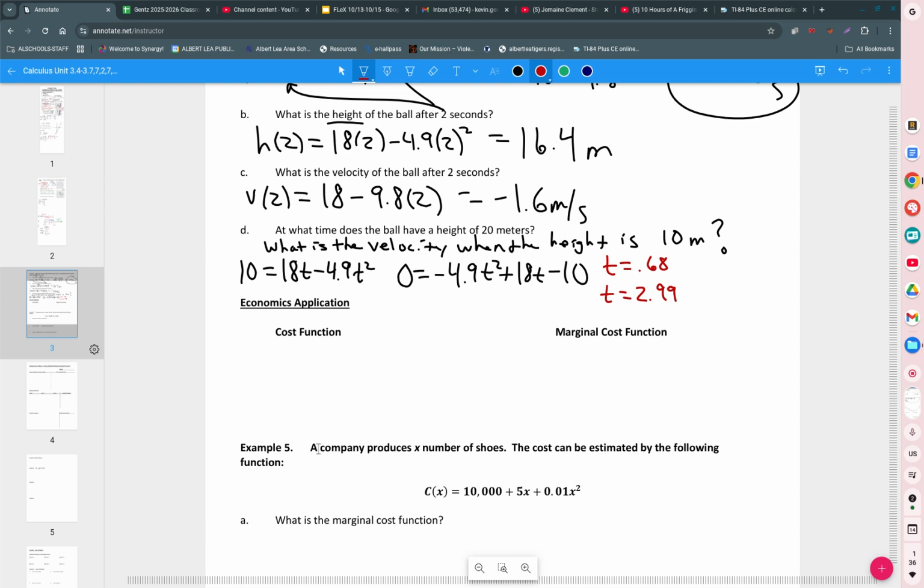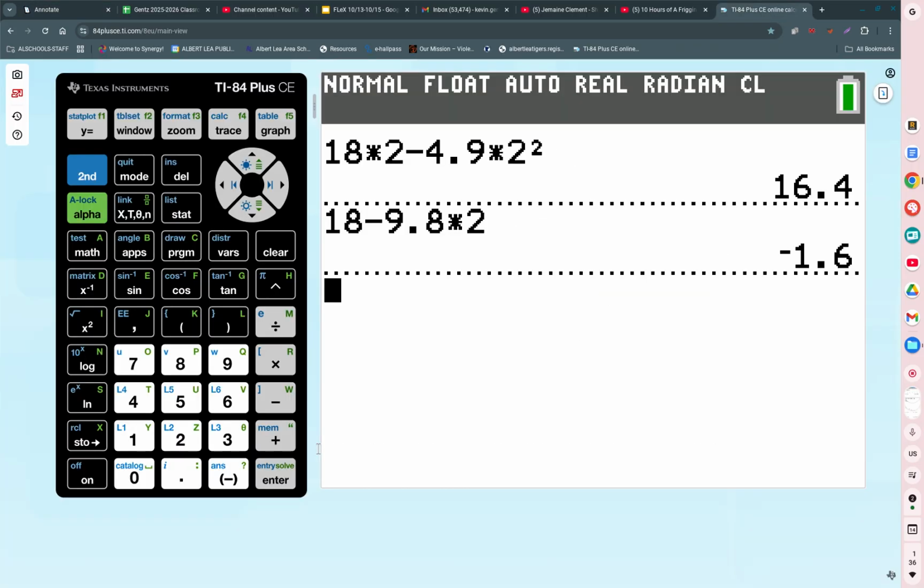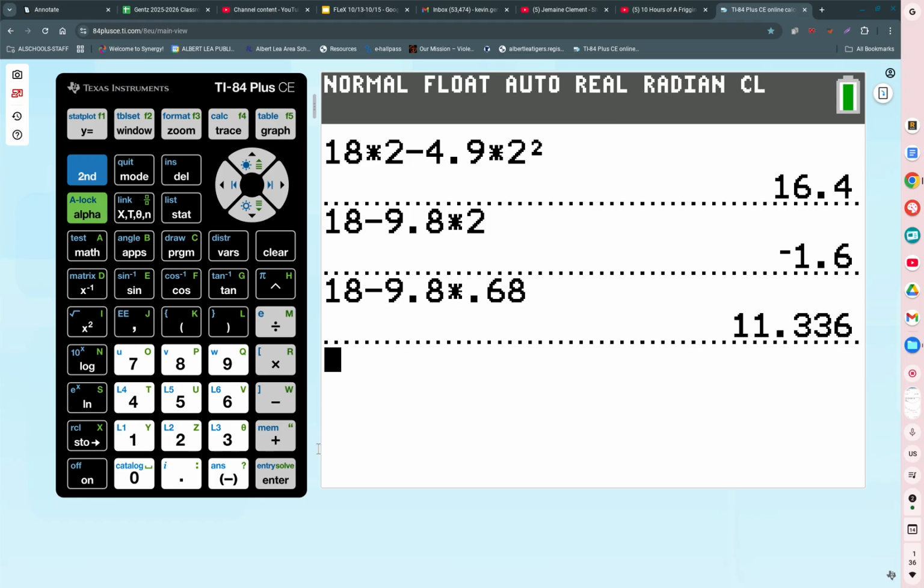Again, it is 18 minus 9.8 times t. So we will calculate those. 18 minus 9.8 times, and what was my first one? 0.68. And I get 11.336.